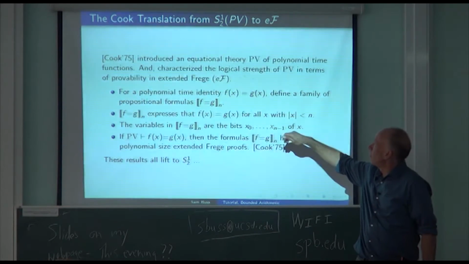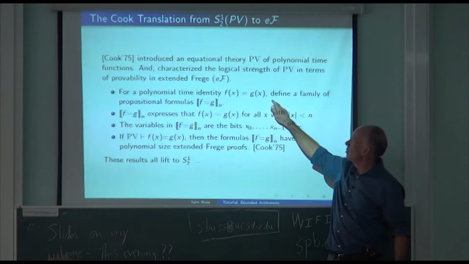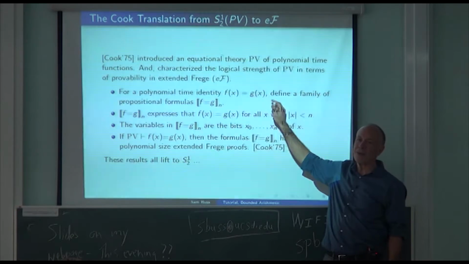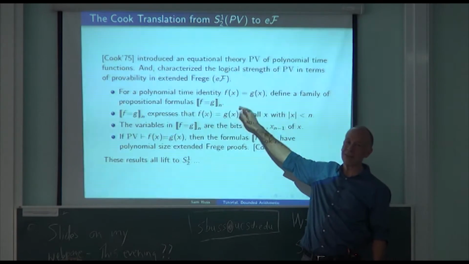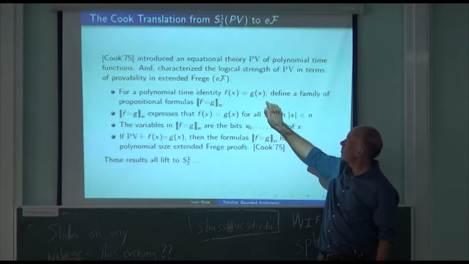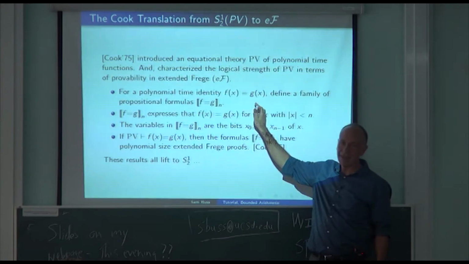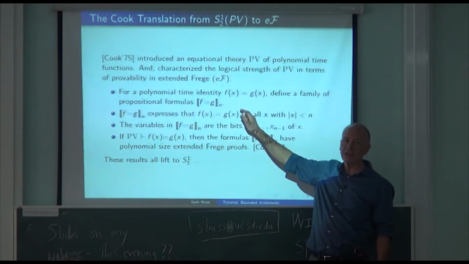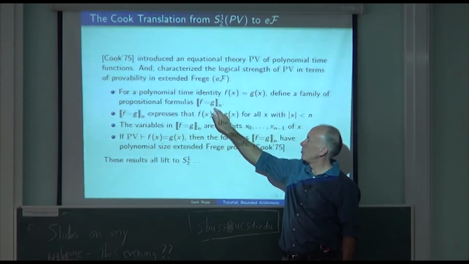And he showed the following: if in this theory you could prove a polynomial time identity, f of x equals g of x, so it's not a polynomial identity, it's a polynomial time identity, so f and g are polynomial time functions, then you know that for every x, f of x equals g of x. We convert this into a family of propositional formulas denoted, for n an integer, f equals g sub n.